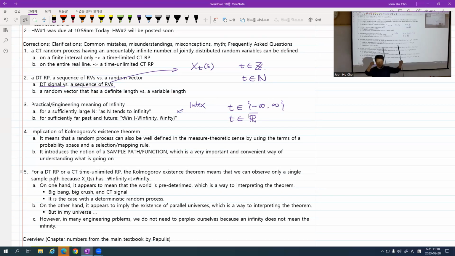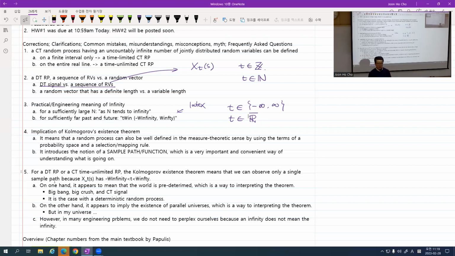Now you have a deterministic measurable mapping rule called capital X of S. The output of this box, this deterministic mapping rule, is your conventional random variable. So you enclose these two boxes into one, and then you have your undergraduate understanding of a random variable. So that's good.